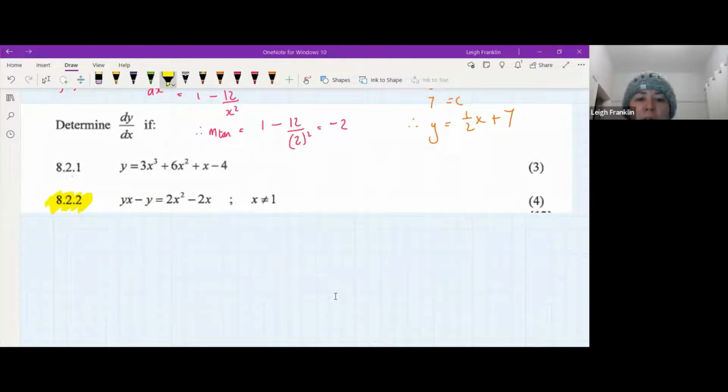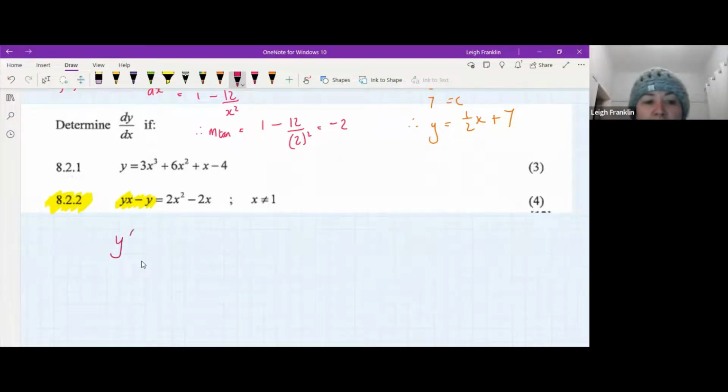Neo, take out the common factors. Absolutely. Okay, so what is the common factor on the left-hand side? Indeed, Neo, quite right. So that's what we're going to do. We're going to take y out as a highest common factor.